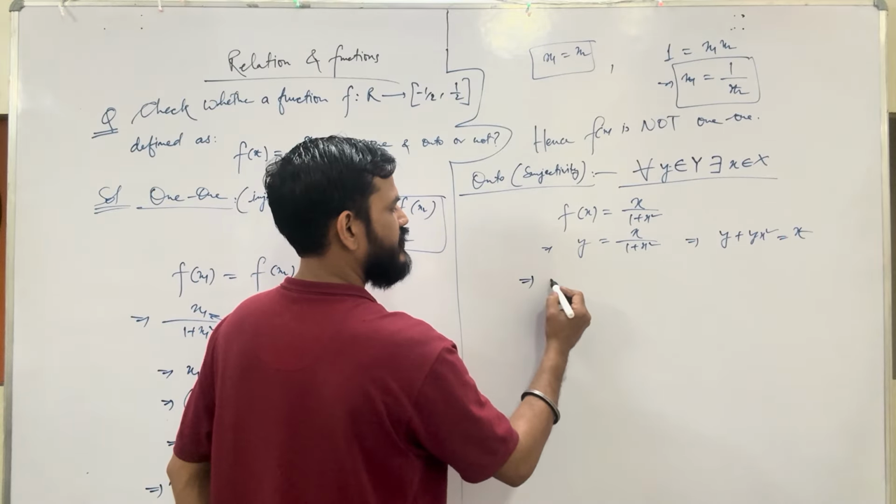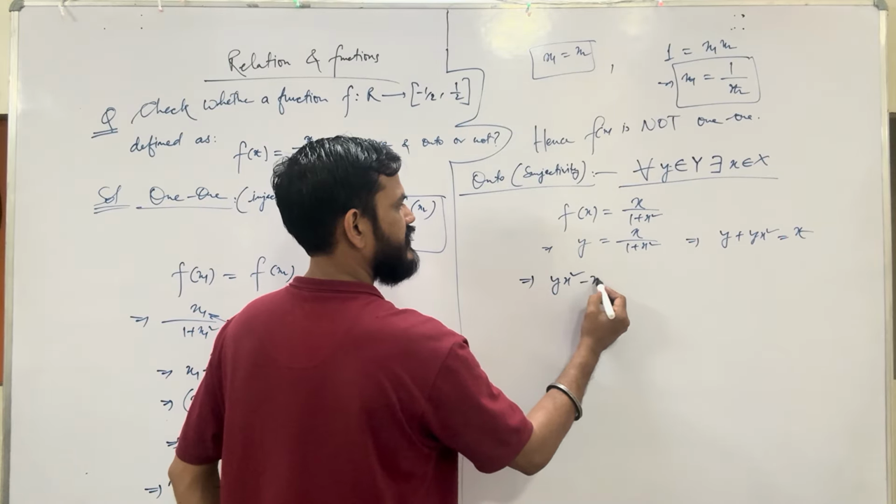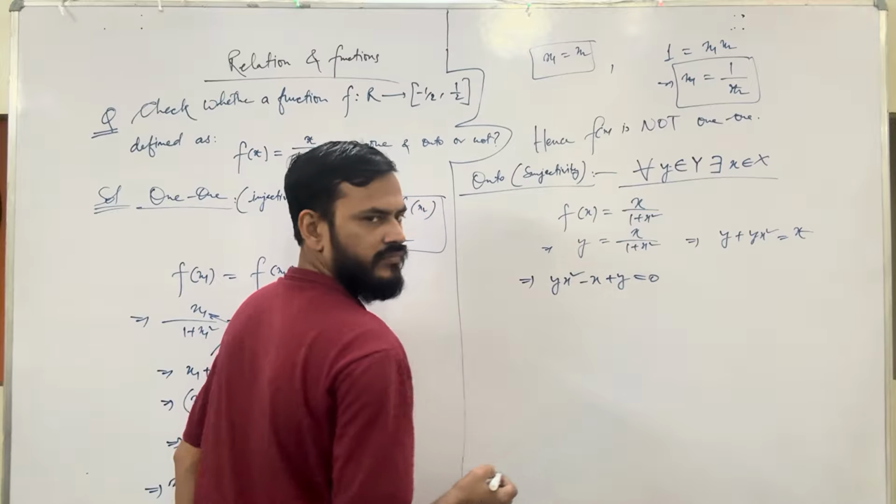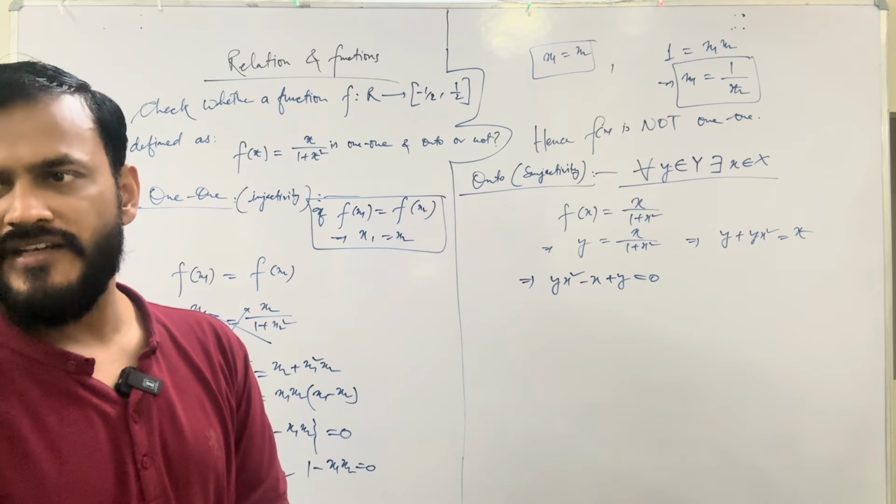We make it a quadratic equation: y x square minus x plus y equals 0. So this is a quadratic equation in x.